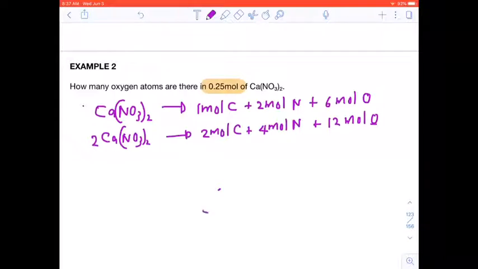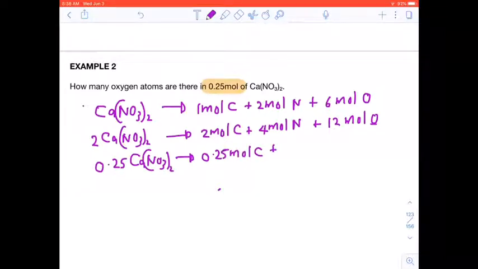But we have only 0.25 moles of Ca(NO3)2, right? So what does that give me? That would give me 0.25 moles of calcium.